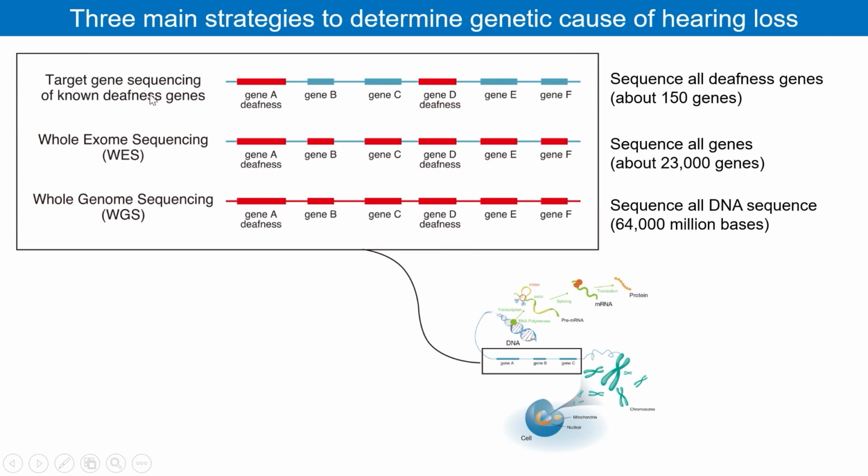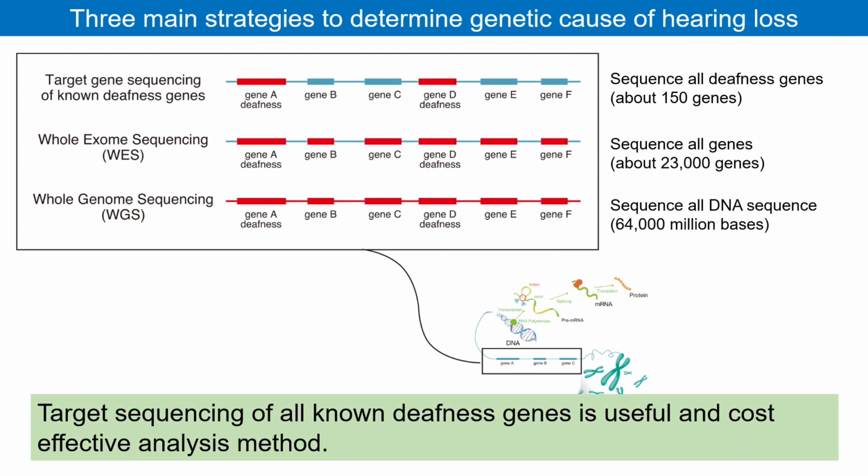This is the first strategy. The second strategy is whole exome sequencing, analyzing whole genes, about 23,000 genes, at the same time. And the last one is whole genome sequencing, analyzing all the DNA sequence of the patient. And now target sequencing, only analyzing the deafness genes, is a useful and cost-effective analysis method for deafness.